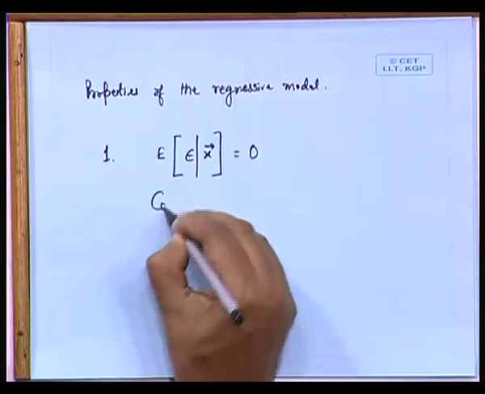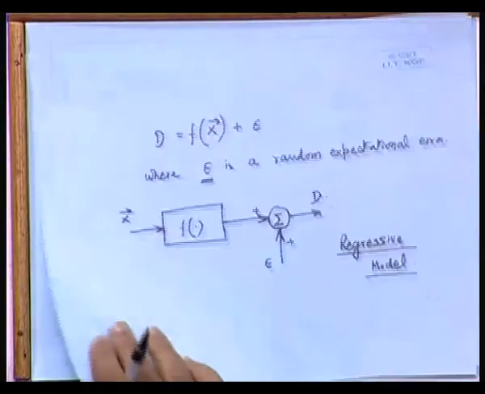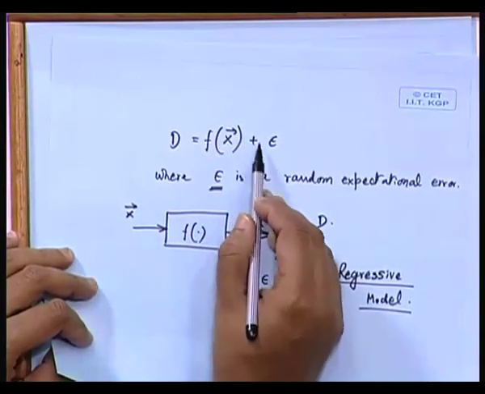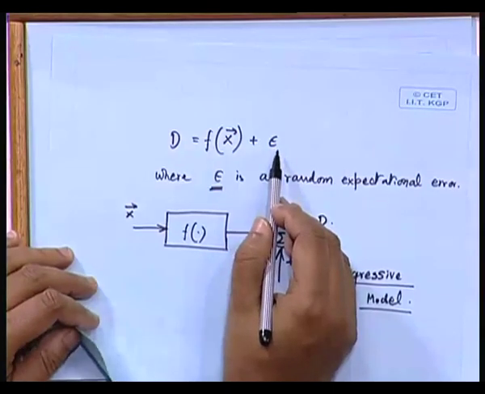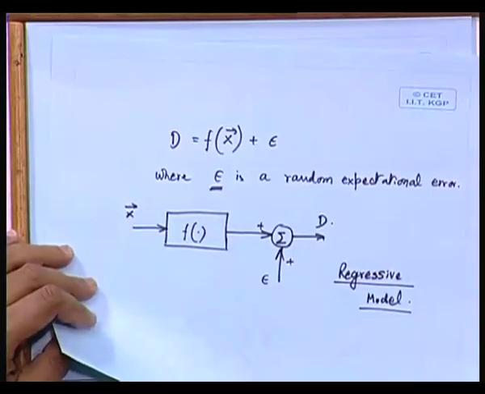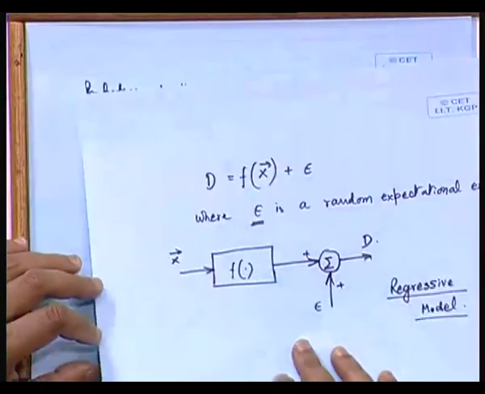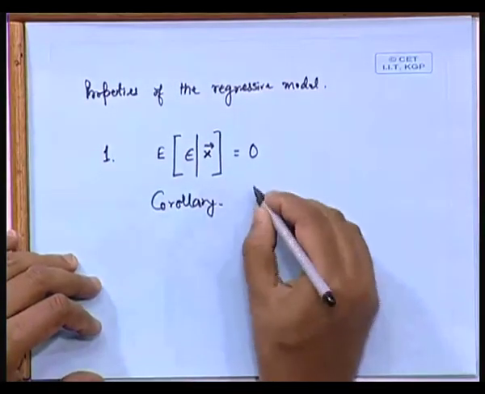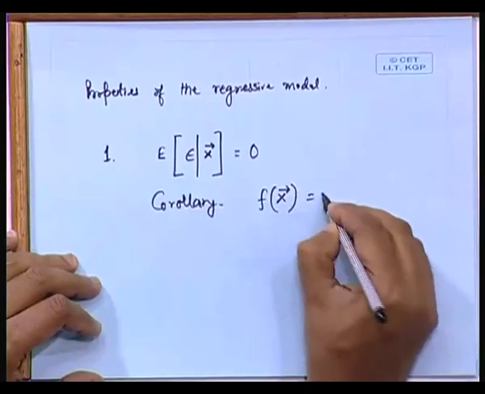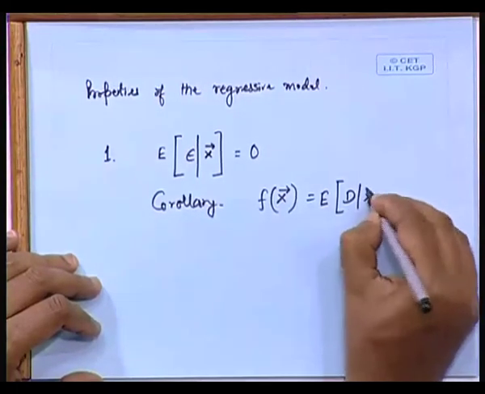As a corollary to that, by simply applying this definition, that D is equal to f of x vector plus epsilon, if we take the expectation on the left hand side and right hand side, then f of x vector is equal to the expectation of D given x vector.